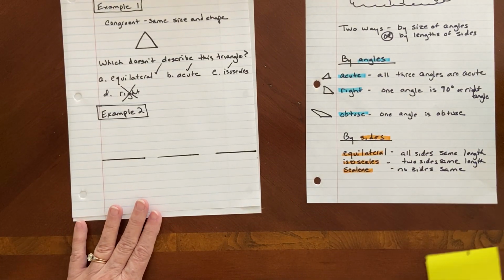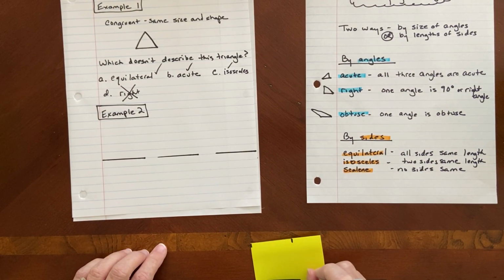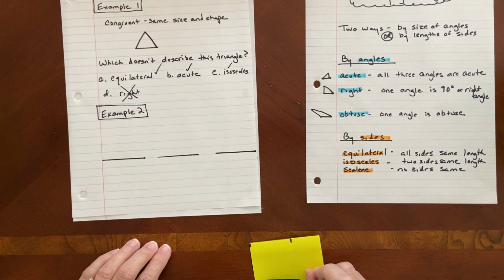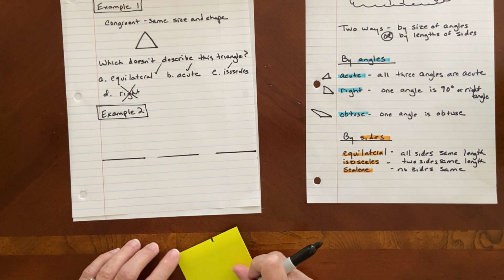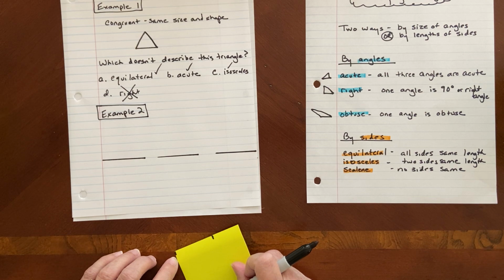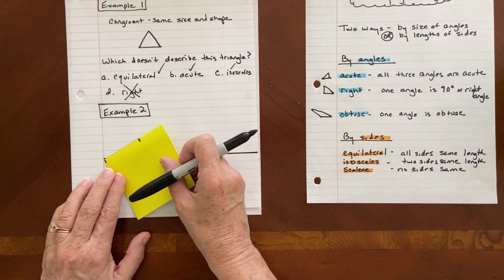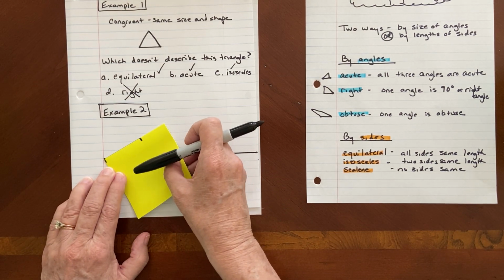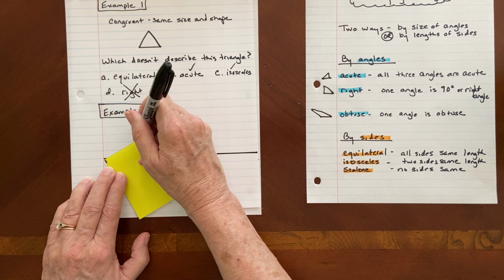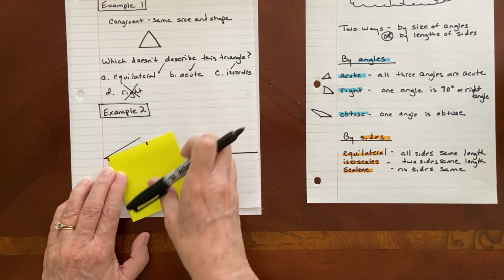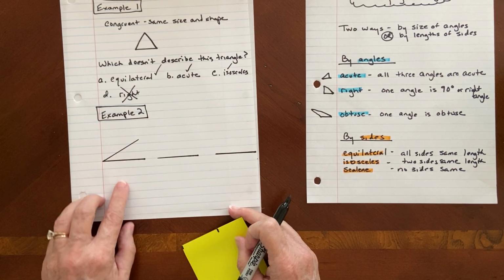Example 2, they said draw some angles and make sure that all the lengths of the sides are the same length. So I started off here, and now I'm going to draw an acute angle, so less than 90 degrees. Got myself a little marker, so this is my little ruler. Okay, so there's a cute little angle.